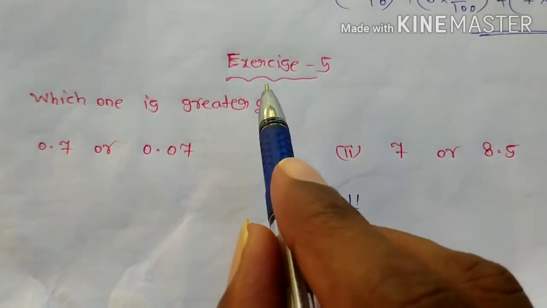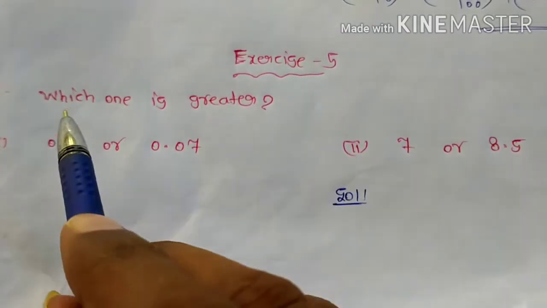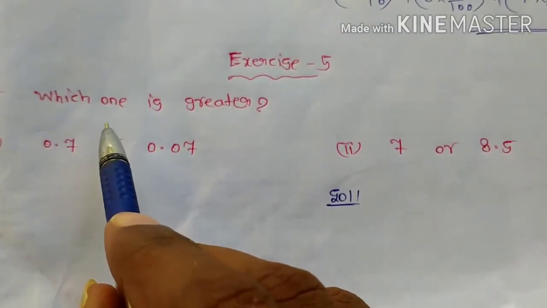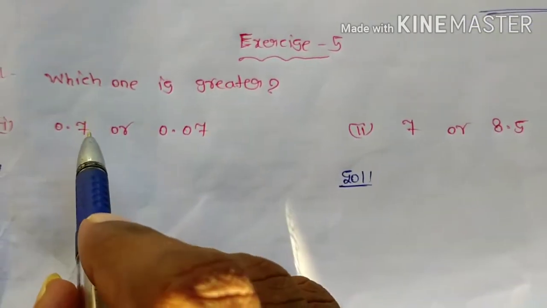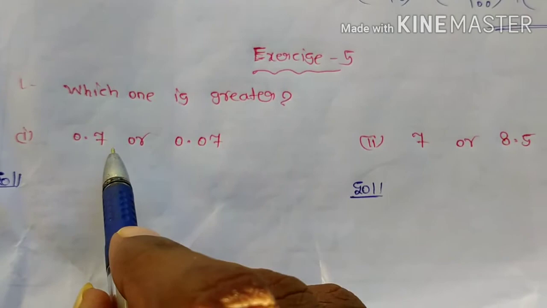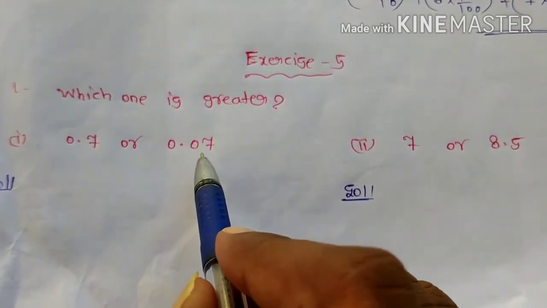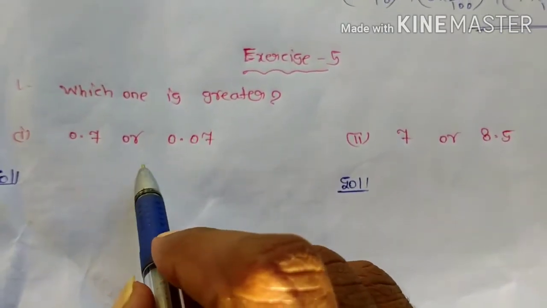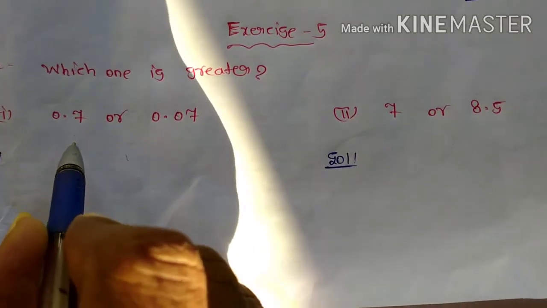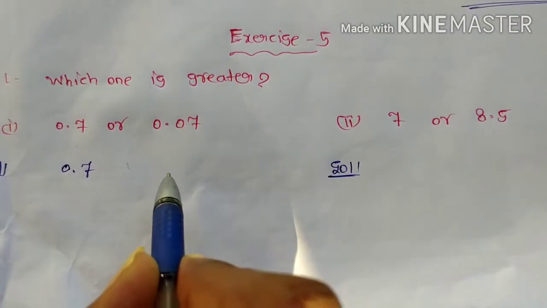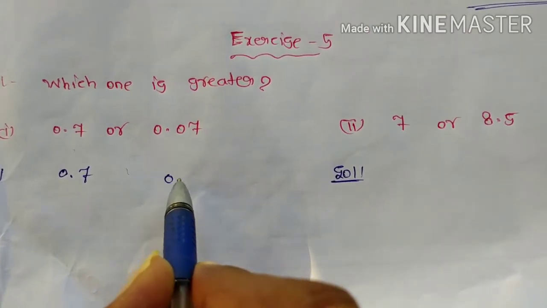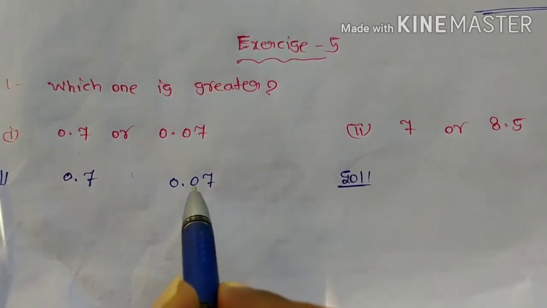Now you can see exercise 5. First question: which one is greater? First you can see 0.7 or 0.07. First of all I am writing 0.7, next I am writing 0.07.